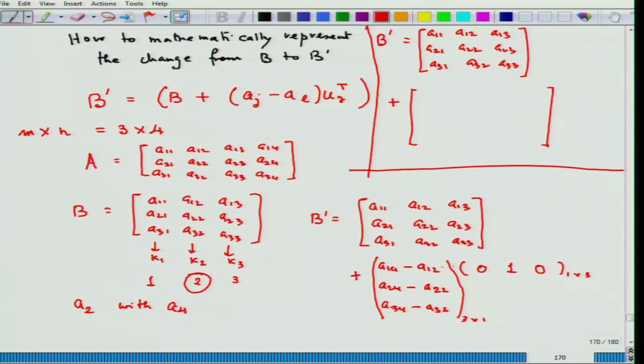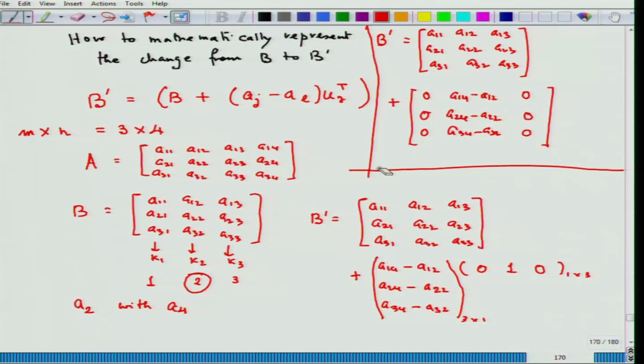You take this one, multiply with this, multiply with this, multiply with this. So, it will be 0, A14 minus A12 and 0. Then 0, A24 minus A22, 0. And then A34 minus A32, 0.